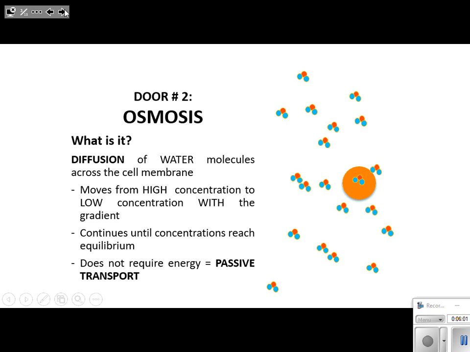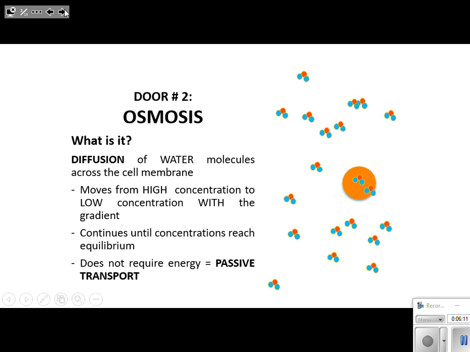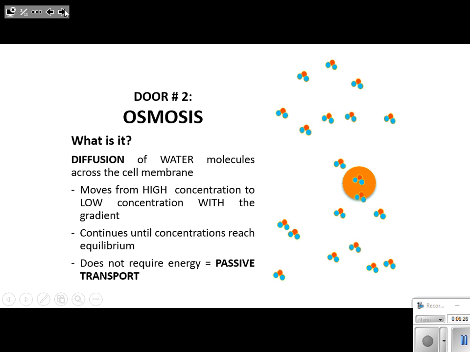Now, osmosis, this water moves from a high concentration to a low concentration going with the gradient. So it's going from a higher concentration to a lower concentration. It does not require energy, so it is also passive transport.